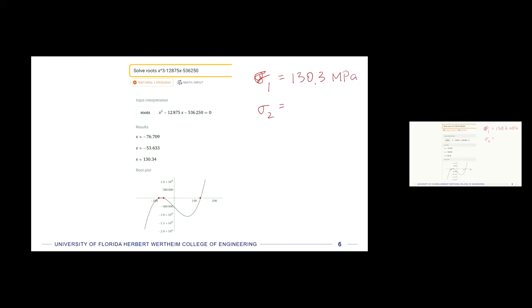The convention we have is sigma 1 is always greater than sigma 2, which is always greater than sigma 3. So sigma 2 is minus 53.6, and they're all in megapascals. And then sigma 3 is minus 76.7. Okay, so we get 1 positive, 2 negative.